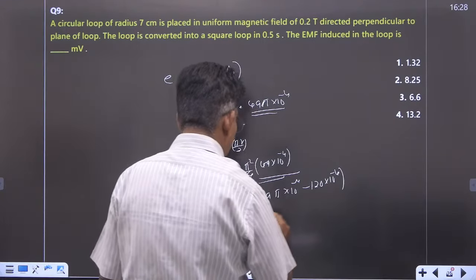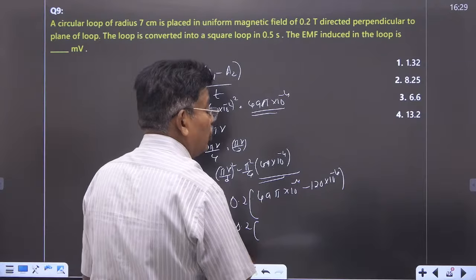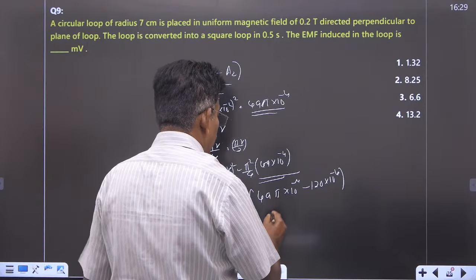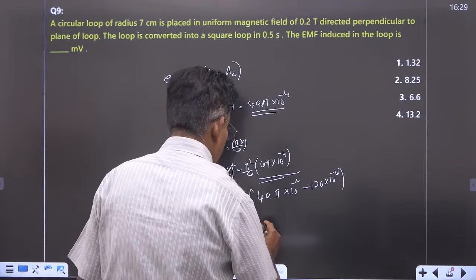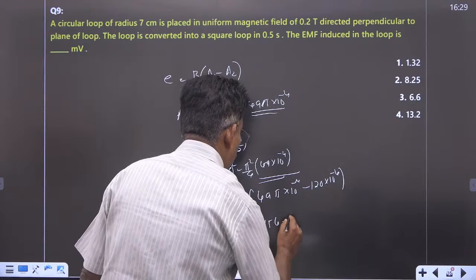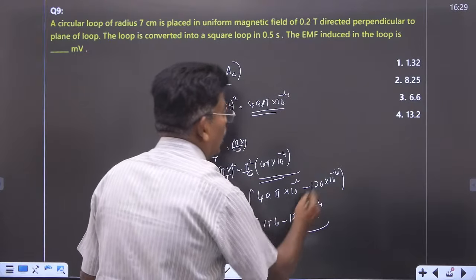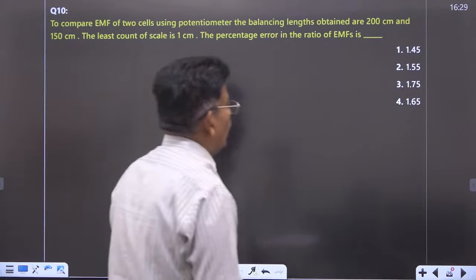And you can do one more thing. This is 0.2, this is 22 by 7, so the 7 gets cancelled. 22 into 7 means 154. So this is 154 minus 120, into 10 to the power of minus 4. We'll be getting the answer. You can select the answer. Okay, I go to the next question.